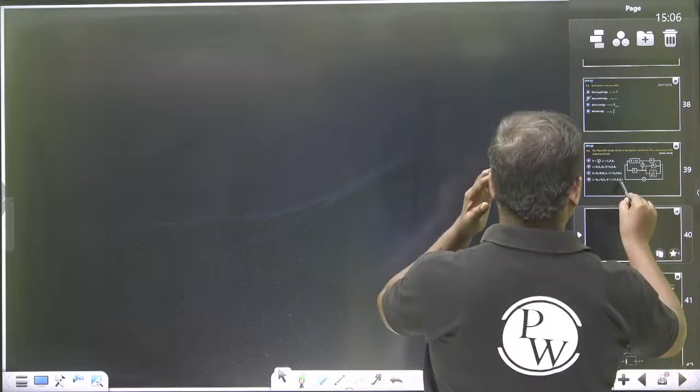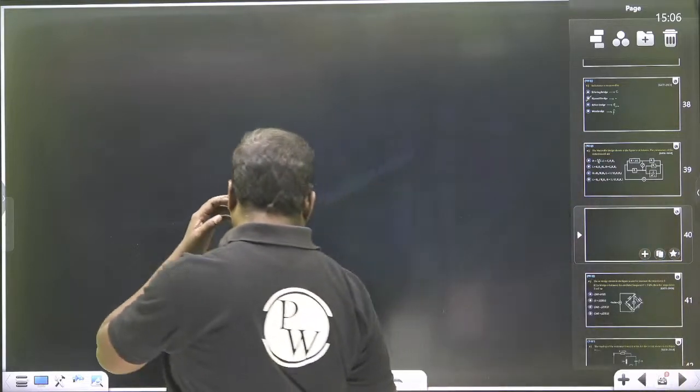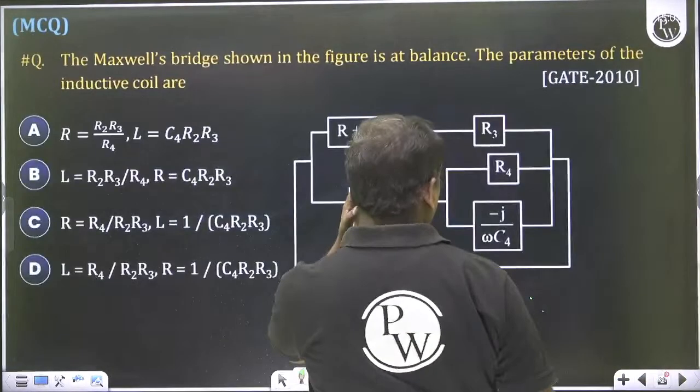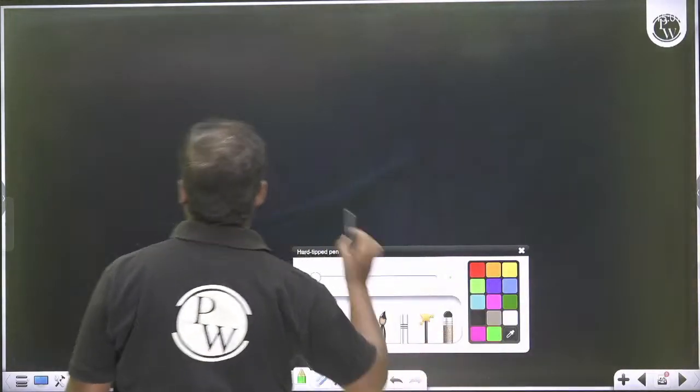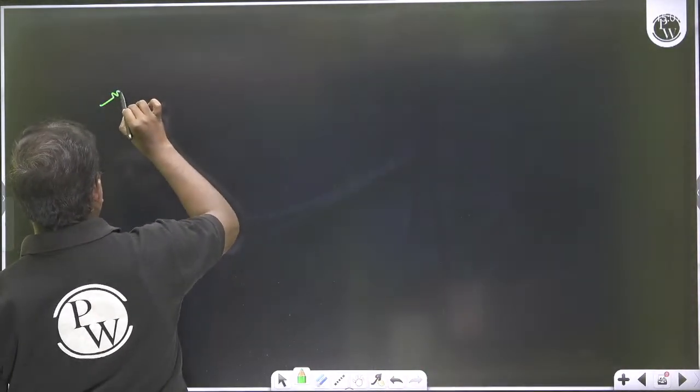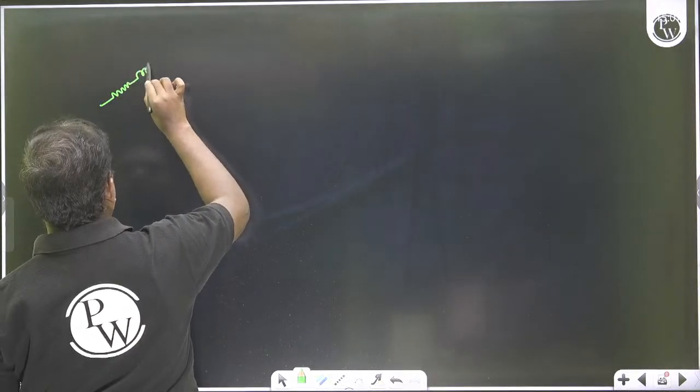So how to answer this? I can take the test coil like this. So these are the test coil. The test coil is a resistor and an inductor. So this is the resistor and this is the inductor of the test coil.